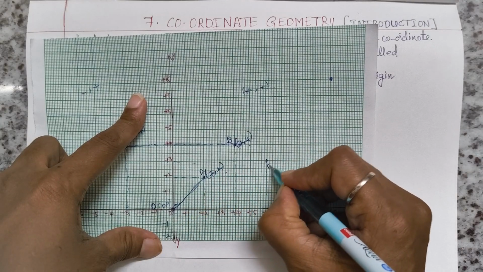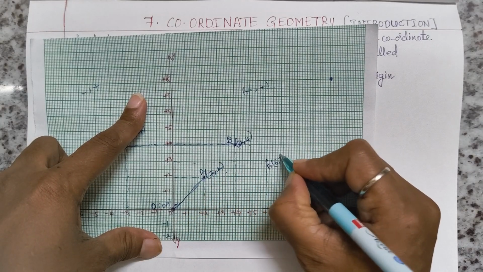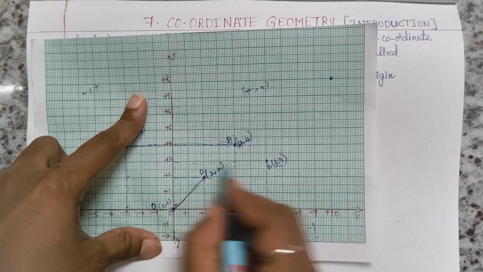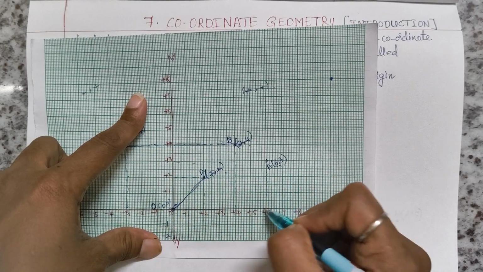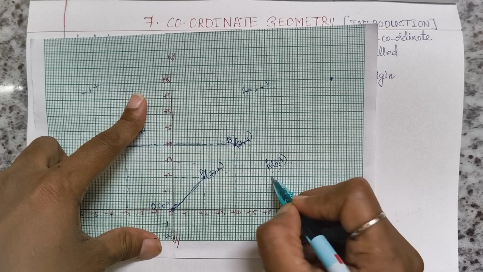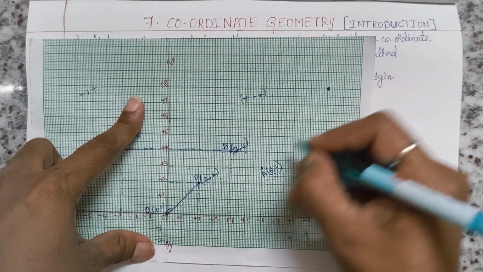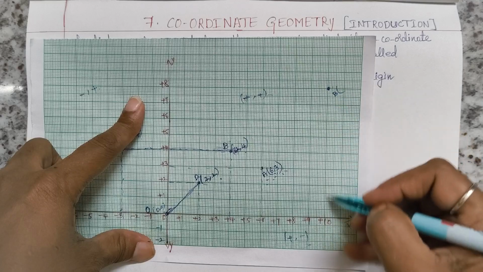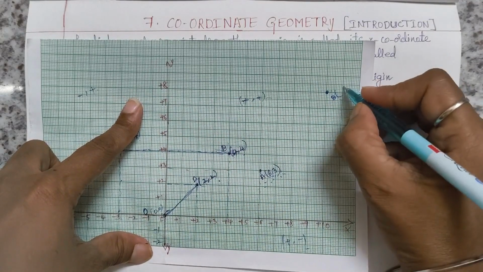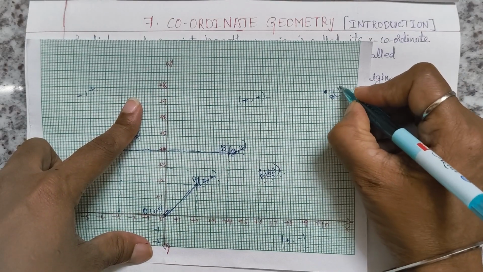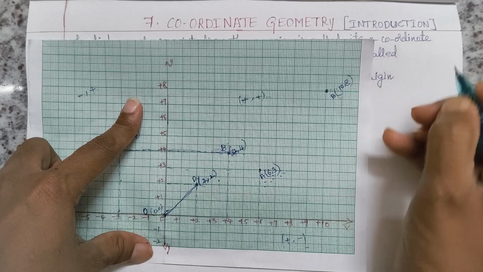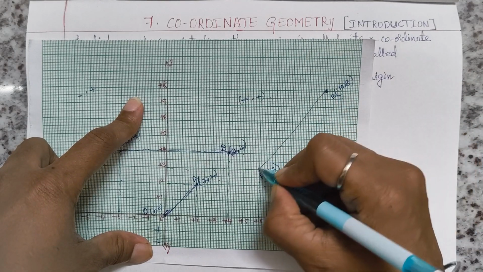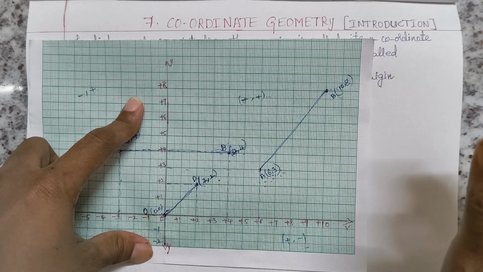Here I am giving the name A. The x-axis value is 6 and the y-axis value is 3, so these coordinates are (6, 3). Next, I am giving the name B to these coordinates: 10, 8. Means (10, 8) is there. Now this line is divided into 2 parts.